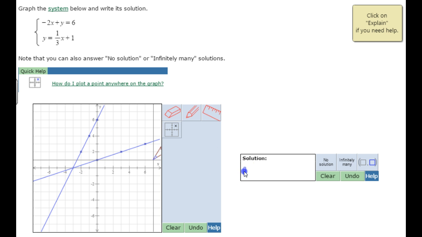So we're going to type in that coordinate point where they intersect, using the points that they have there. Negative 3, 0. Okay, well, let's see.